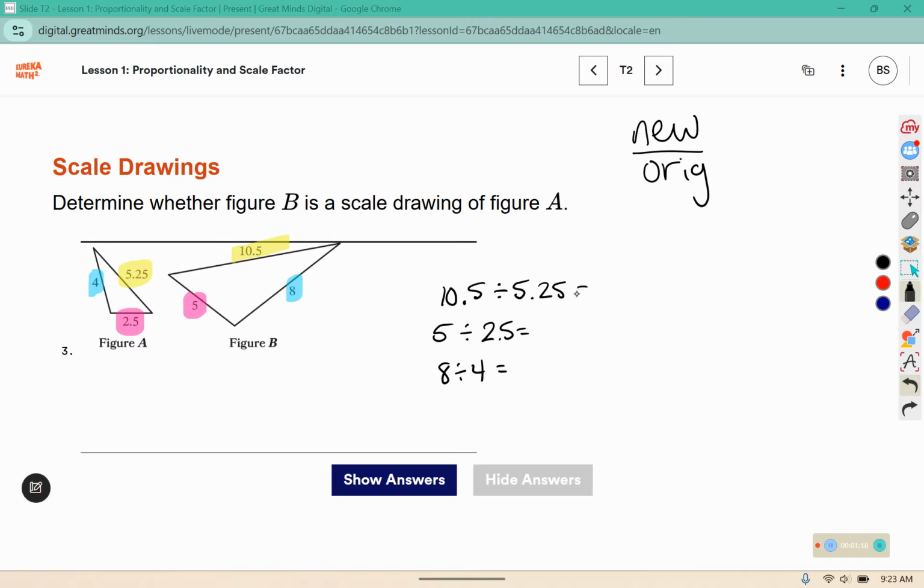And to determine if it's a scale drawing, all of these scale factors have to come out to the same value. Well, 8 divided by 4 is 2. 5 divided by 2.5 is 2. And 10.5 divided by 5.25 is also 2. So yes, in this case, figure B is a scale drawing.